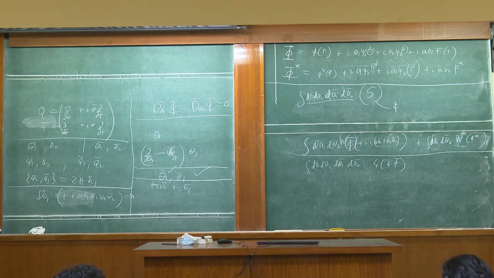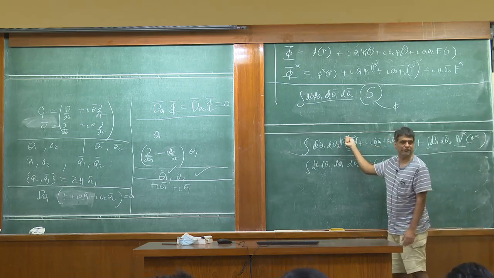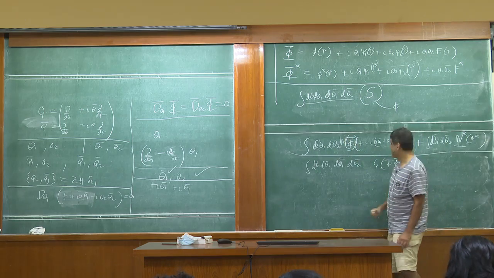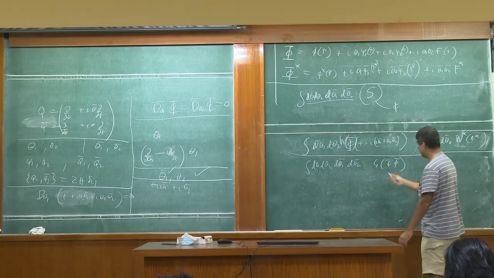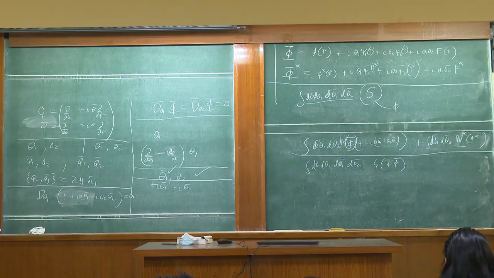Is this clear? It's the general chiral superfield, and therefore we want to make the most general function of it. And here also we put another function of phi bar phi. Nothing more we can do.